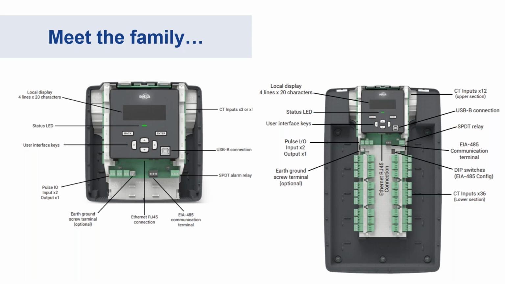When you look at the meter itself, both the 12 channel and the 48 channel are shown here, 12 channel on the left and 48 channel on the right. Really the only difference is the amount of real estate that is required for bringing in 48 CT wires versus 12. But you can see the display is similar, the housing is similar in the way it protects the high voltage connections.